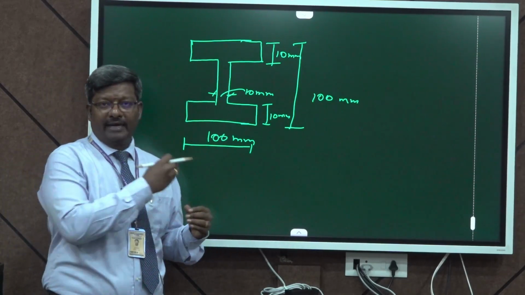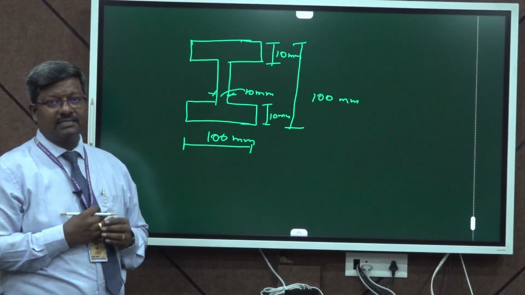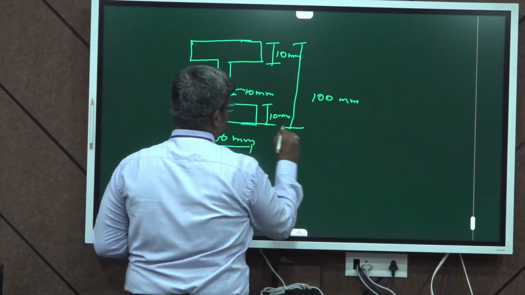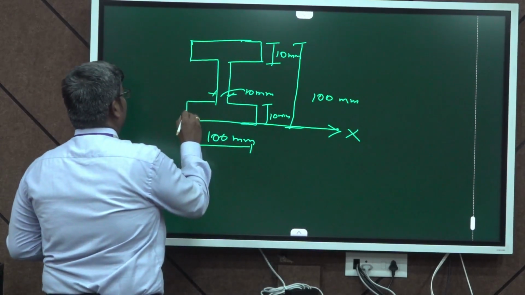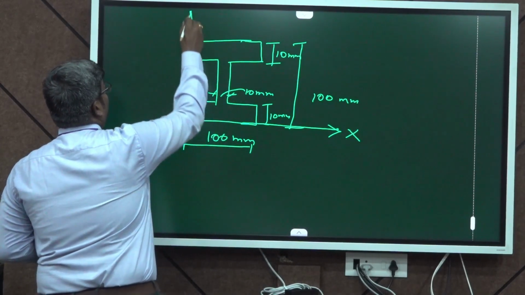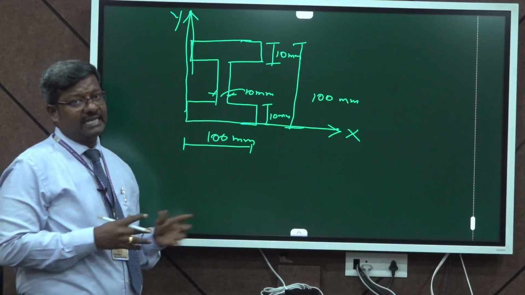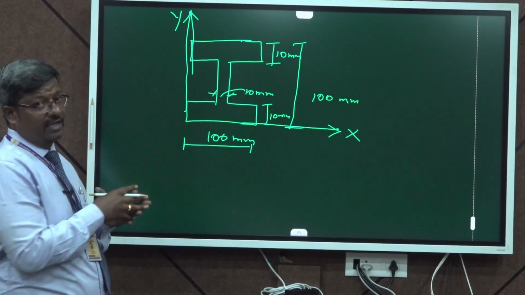Before finding the center of gravity, we need to draw the reference axes, x and y. We draw the reference axis x at the bottom and the reference axis y on the left. With reference to these two axes, we can find the center of gravity of the whole figure.